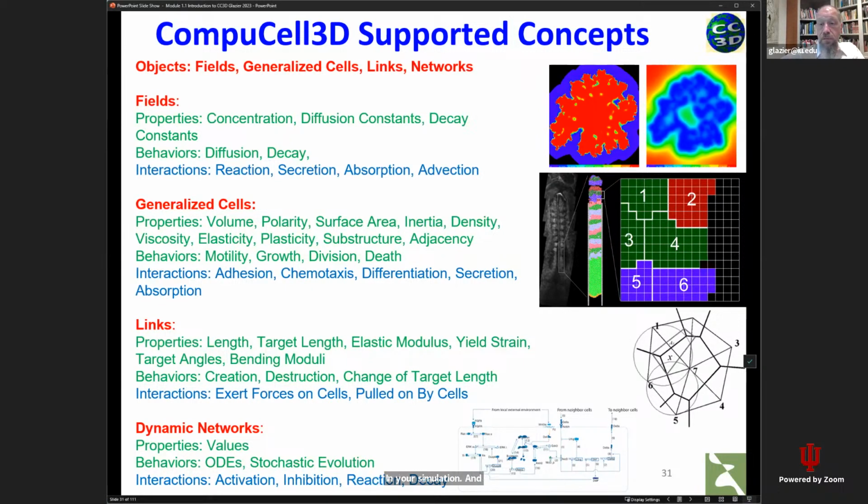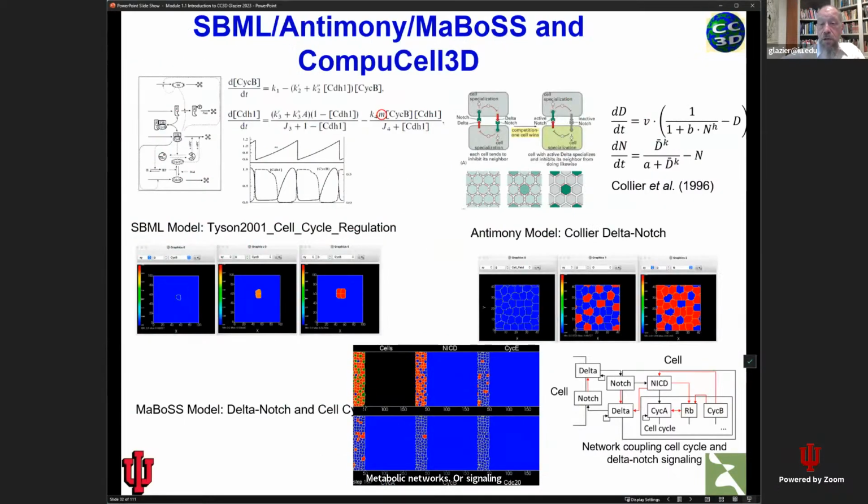And then importantly for the concept of control, you have networks. Those could be gene regulatory networks, metabolic networks, or signaling networks. And those can be simulated in a variety of ways. There are a variety of languages for specifying them: SBML, Antimony, MaBoSS, CellML.